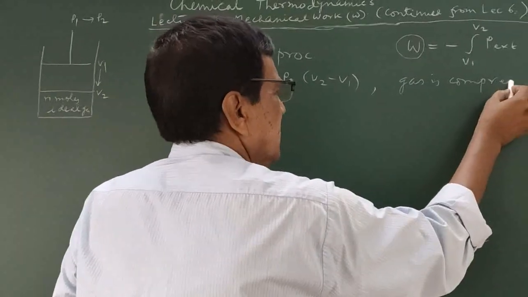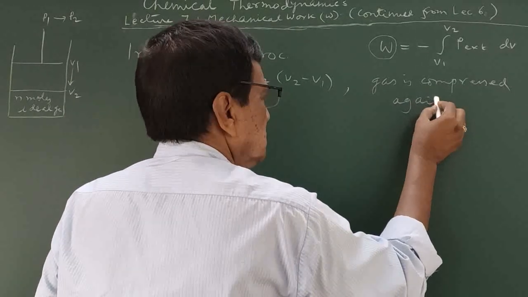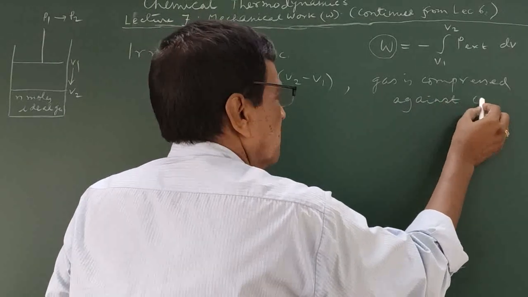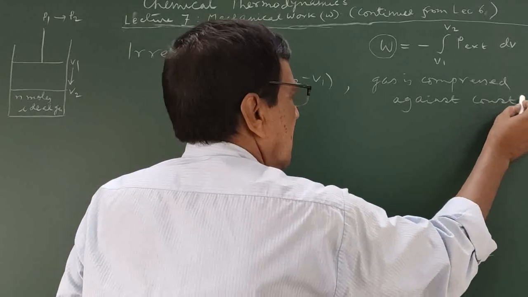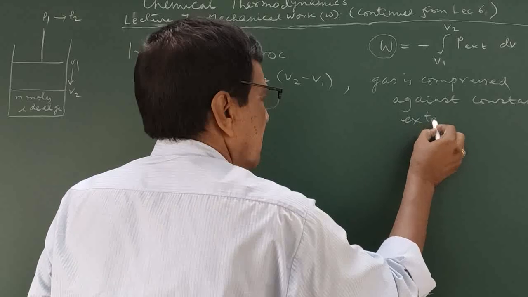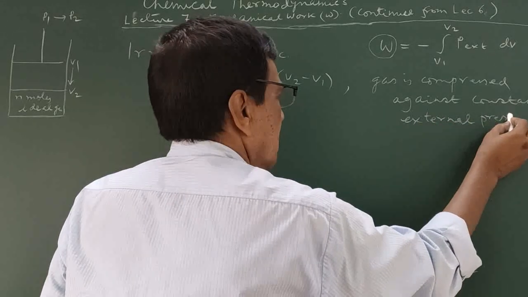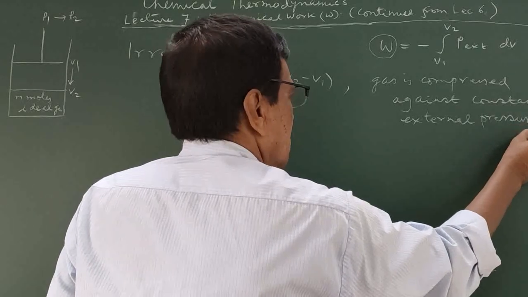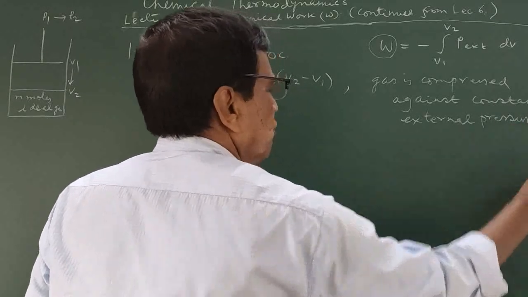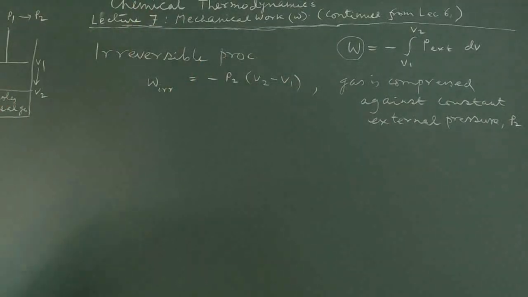Suddenly this change occurs at a constant external pressure of P2, means the gas is compressed against constant external pressure P2, and it is the volume change. This is the final volume and this is the initial volume.